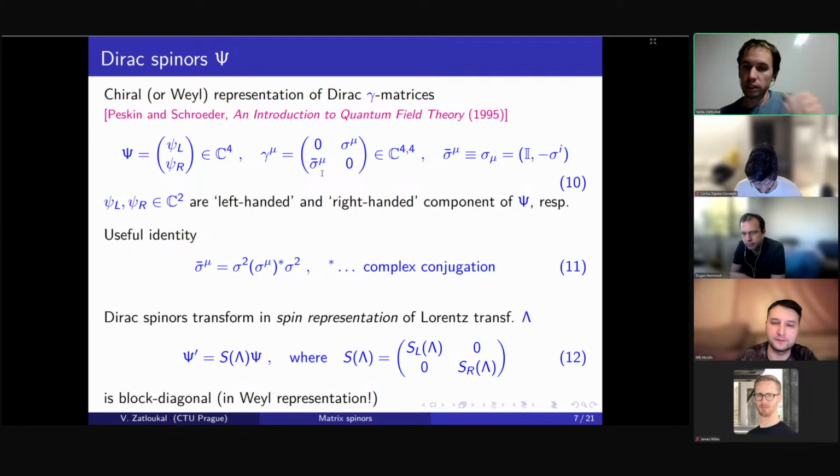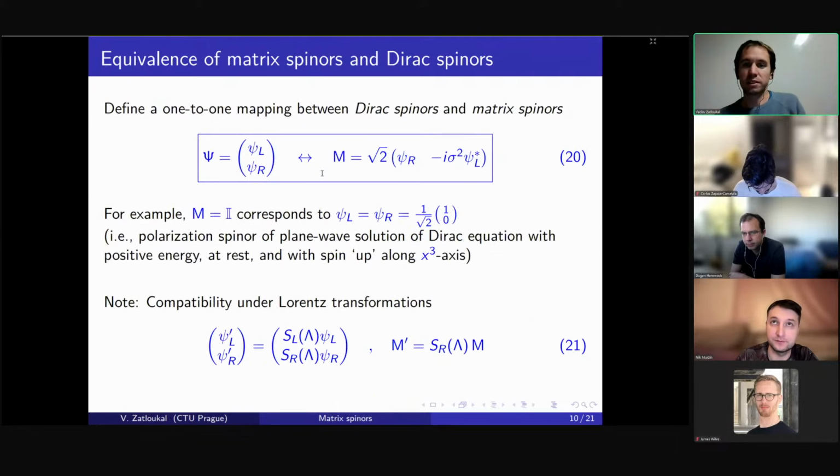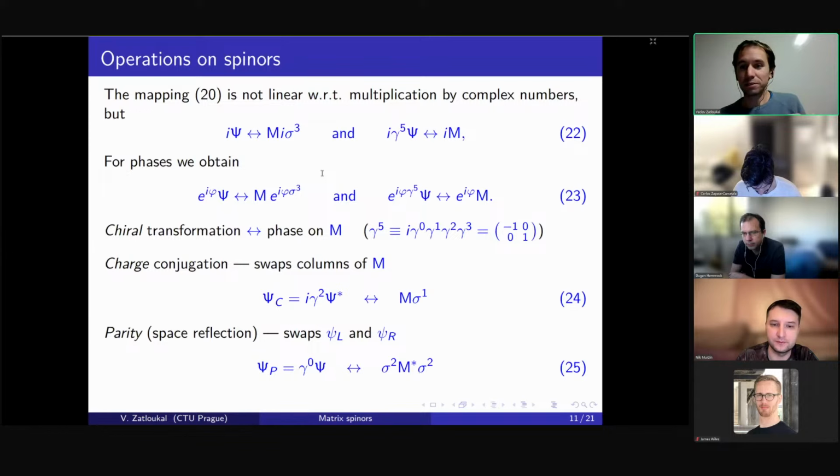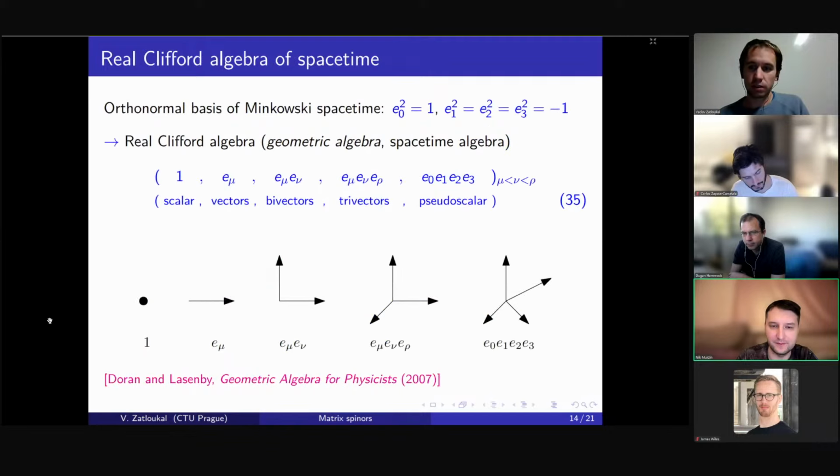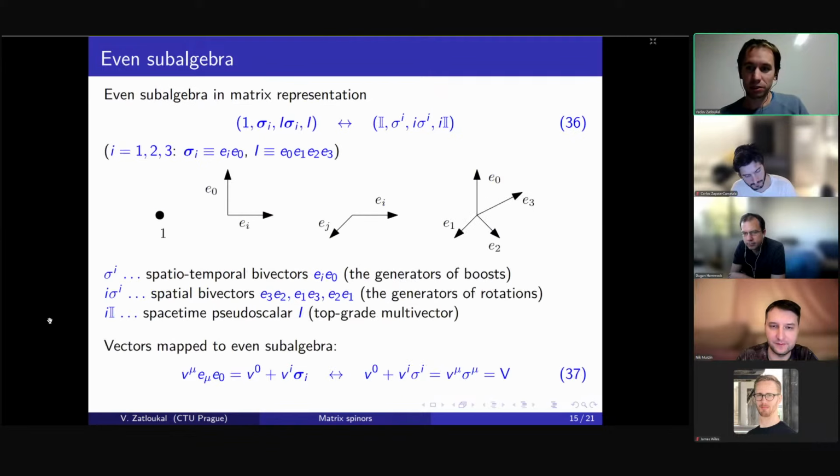So the even subalgebra consists of 8 elements, and the real Clifford algebra combines them with real parameters, but they are represented by complex matrices. Which is a bit odd, but it works out quite nicely.